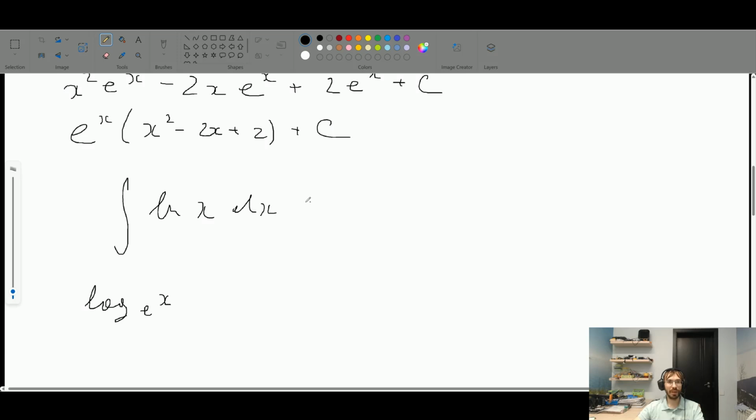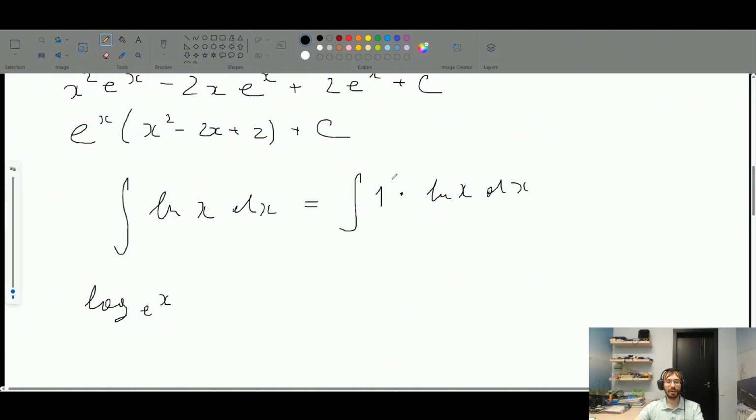How? The trick is that we don't have here the second part. We do not know what is u, what is v. However, we can pretend that we do have the second part, and it is 1. So integral of 1 times ln x dx.